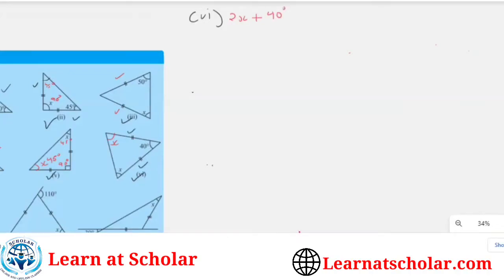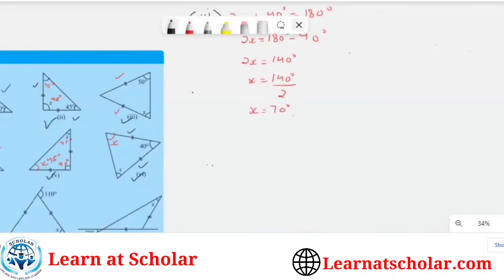The last one is of 40 degree. We will add the angles. The sum is 180 degree. We will find the value of x. So x is of 70 degree. We will move to the next one.